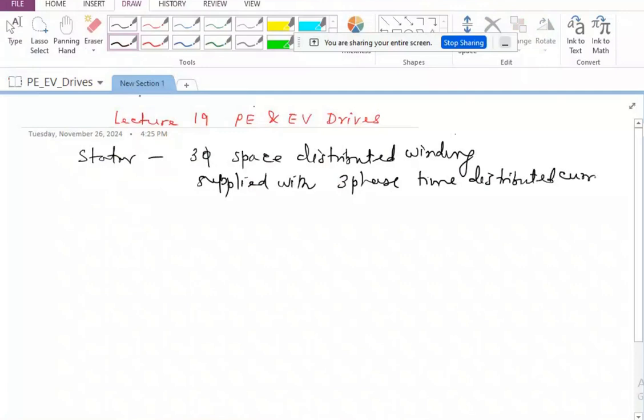This is the basic structure of the stator as far as both the three-phase synchronous motor and the three-phase induction motor are concerned.